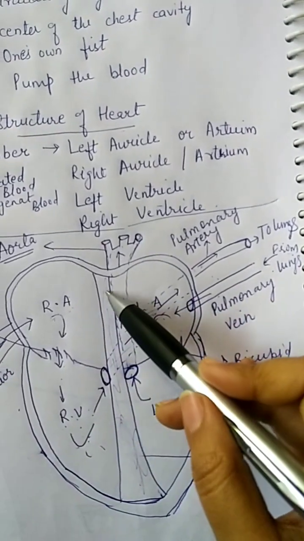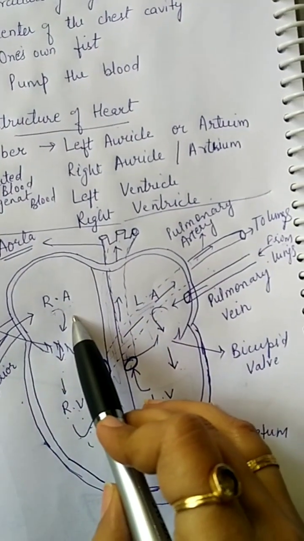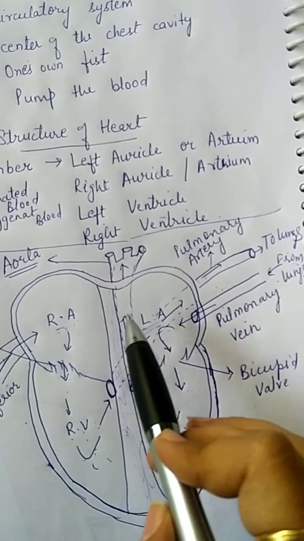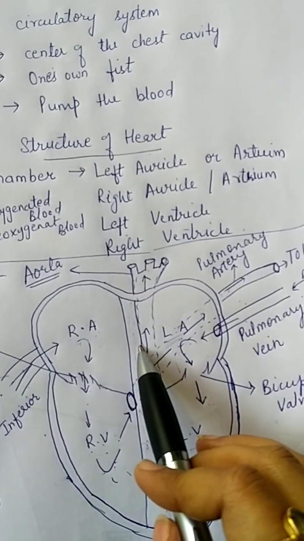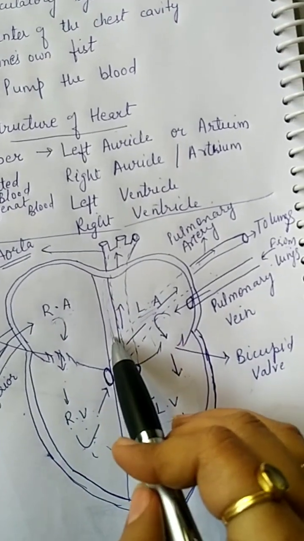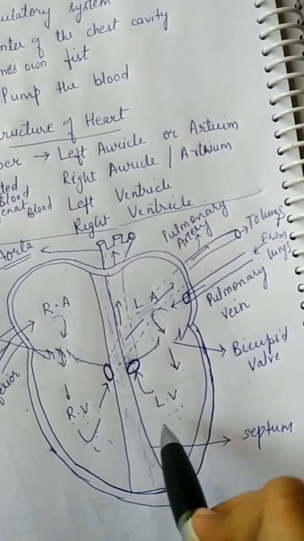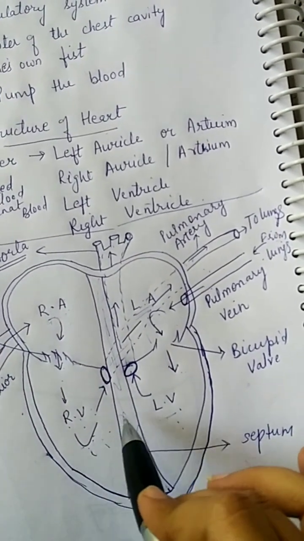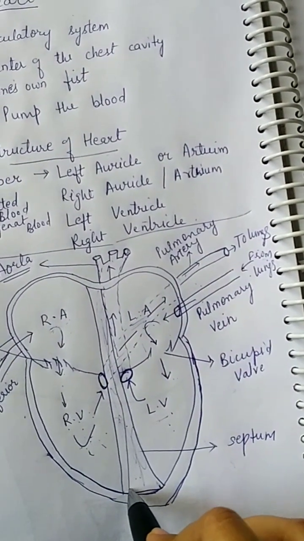So the muscular wall which separates the right atrium from the left atrium, or right auricle from left auricle, is called the interatrial septum, and the muscular wall which separates the right ventricle from the left ventricle is called the interventricular septum. So altogether it is called a septum.